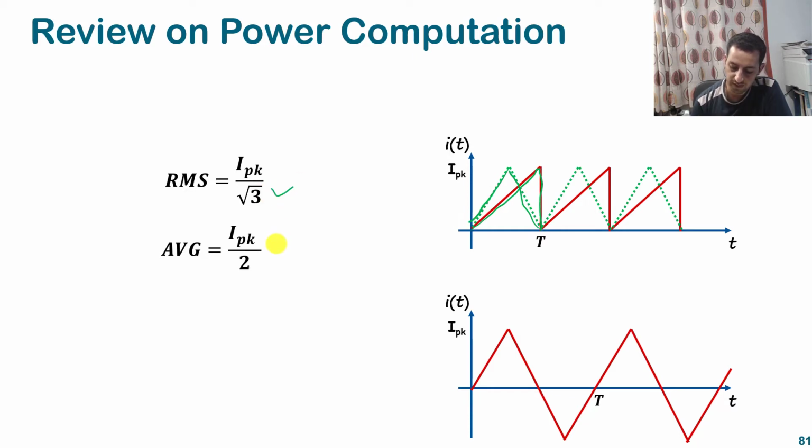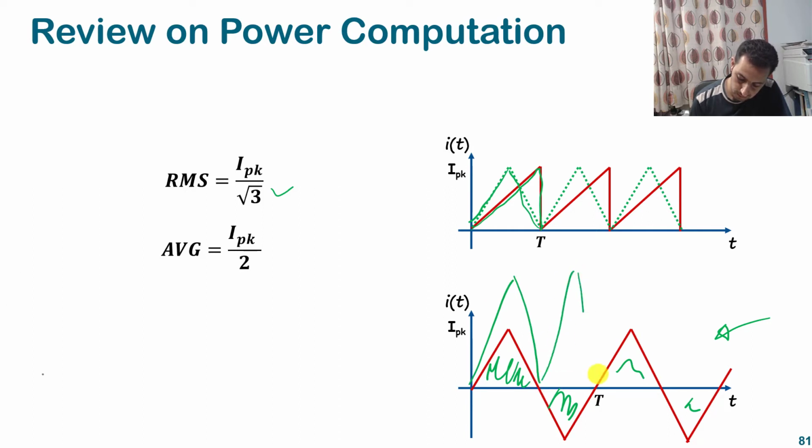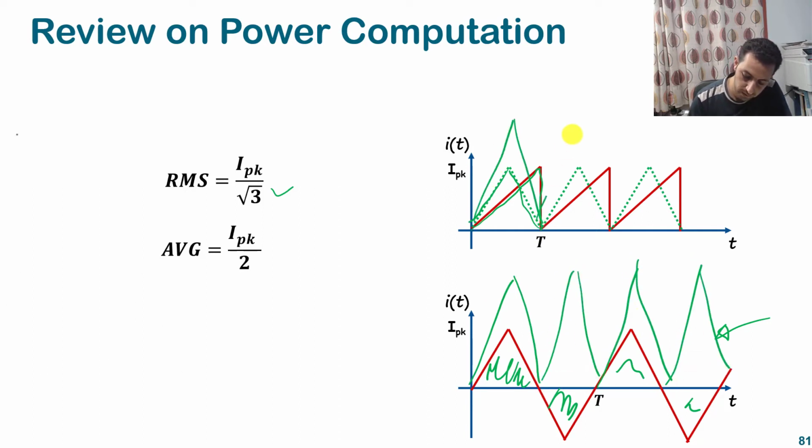What about this signal? Again, if we square them, we get the same signal, so they have the same RMS value. Again, the average value for this one and for this one is 0 because it's symmetric. For the RMS value, if we square them, it will look like this, and the same for here.